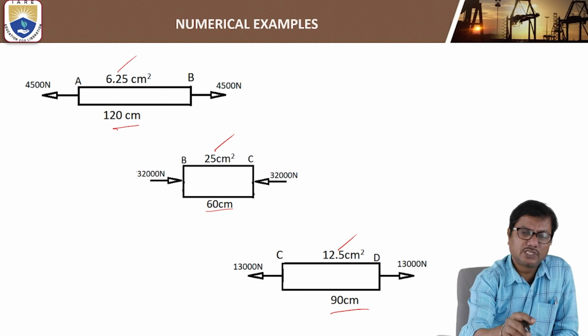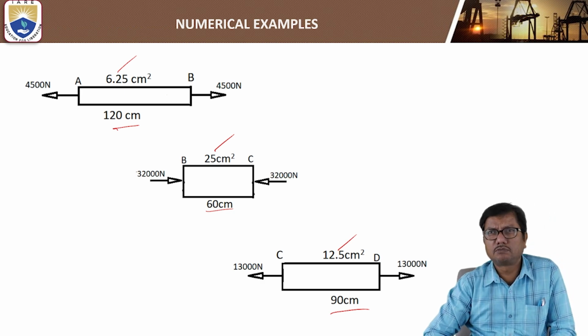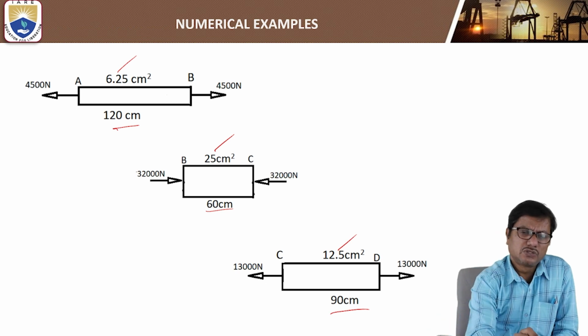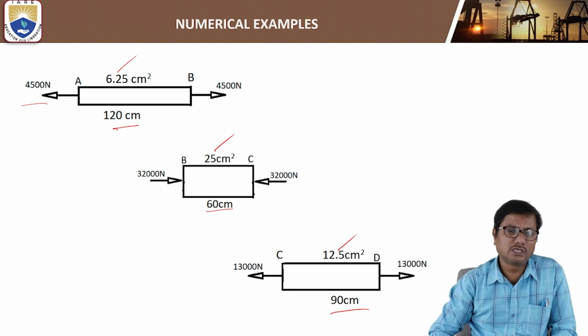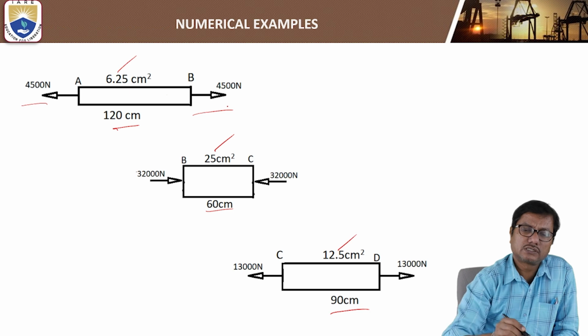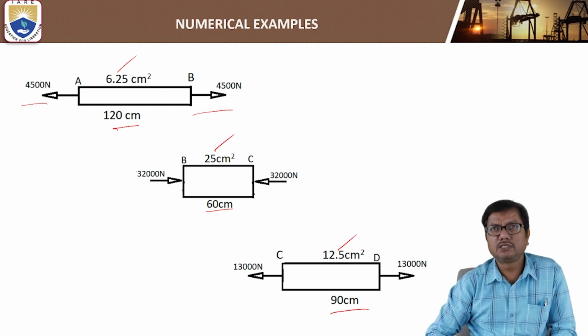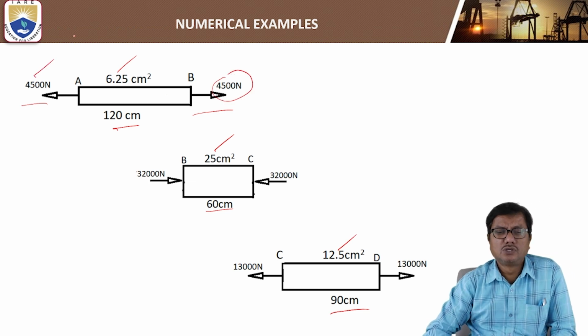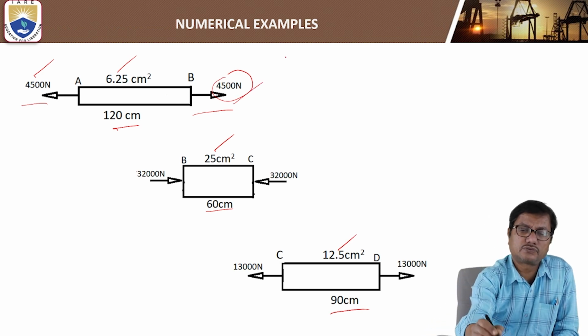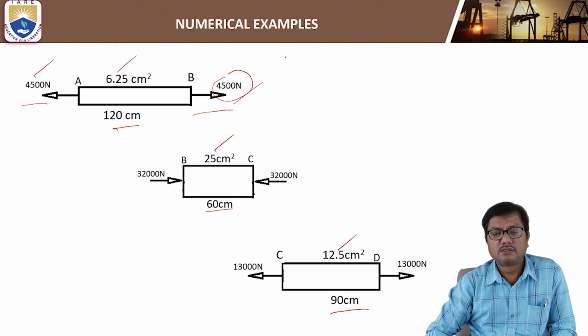Now, considering AB, each of these segments must be in equilibrium because the total composite member is in equilibrium. So at A we have a force of 4500 newtons to the left. So towards the right at point B, you should have an equal and opposite force of 4500 newtons.